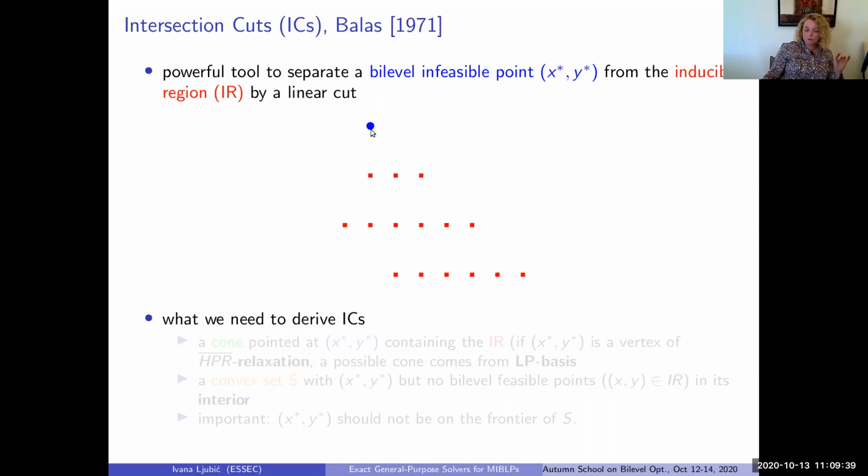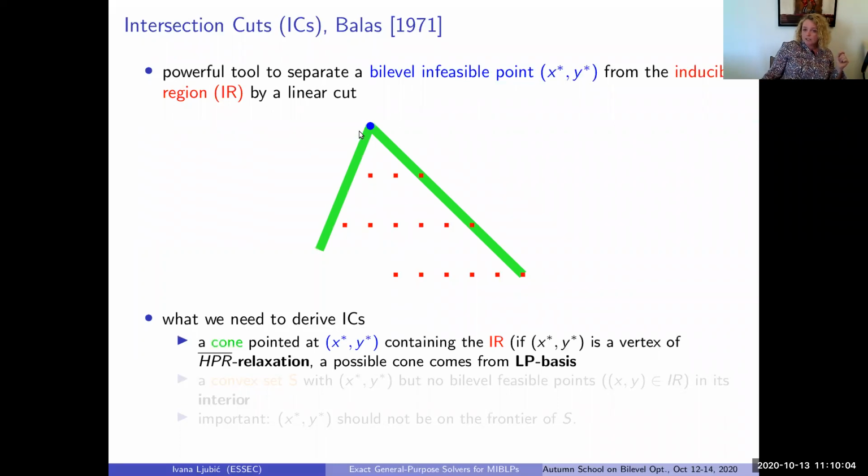We have integer coordinates. Now the question would be how to derive a cut that will make sure that when we add it to the current formulation, the infeasible point is on one side of the hyperplane and all bilevel feasible points, or let's say those that improve the objective function, are on the other side.